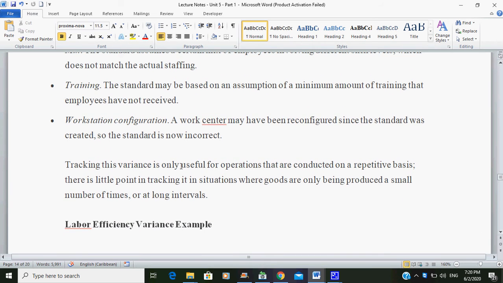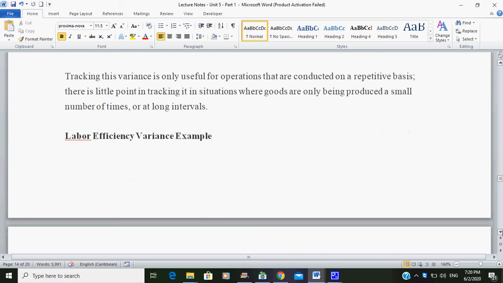Let's look at a labor efficiency variance example now. During the development of its annual budget, the industrial engineers of Hodgson Industrial Design decide that the standard amount of time required to produce a green widget should be 30 minutes, based on certain assumptions about the efficiency of Hodgson's production staff, the availability of materials, capacity, and so forth.